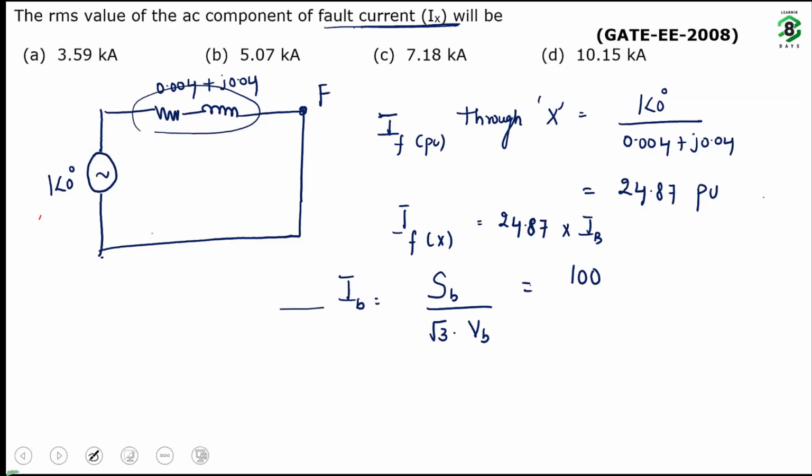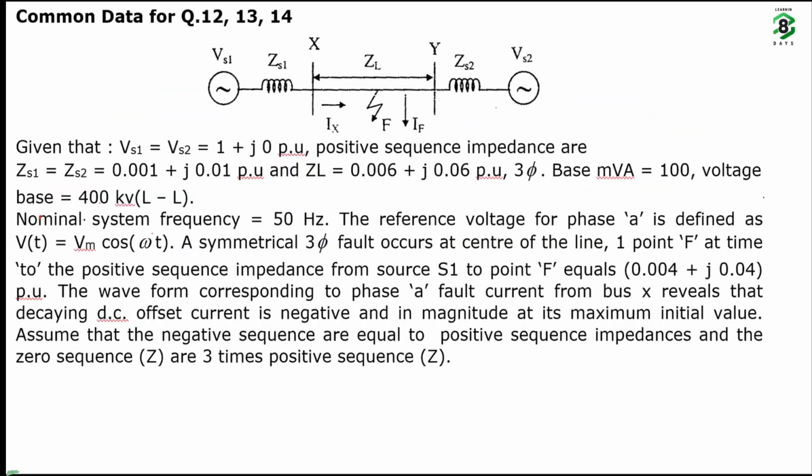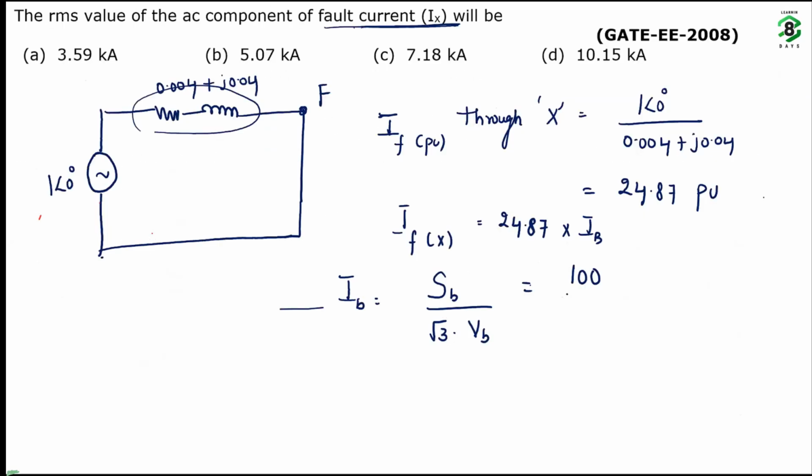If you go back to the problem, S base is 100 MVA, base voltage is 400 kV line to line. 100 divided by root 3 into 400, directly in kiloamperes, multiplied by 24.87. So that many kiloamperes is the symmetrical or RMS fault current through bus bar X. So it is 3.59 kiloampere. This is the second part of the question.